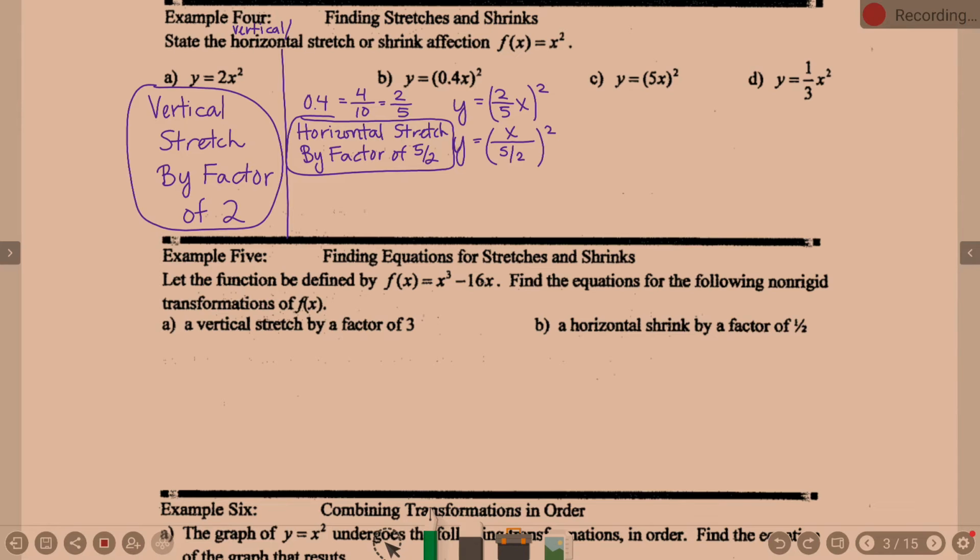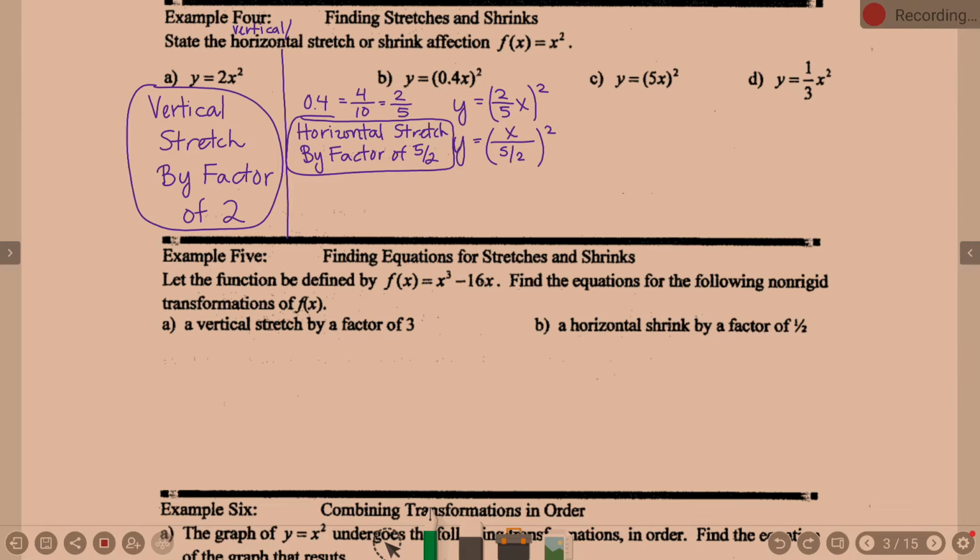Let's talk about what we could call this in terms of vertical. The first thing we did, I said, okay, 4/10, this is 2/5 x quantity squared, right? If I want to make this vertical, what happens if I do 4/10 squared?